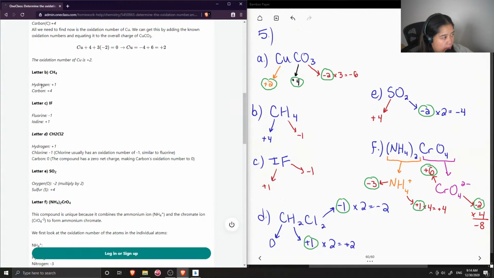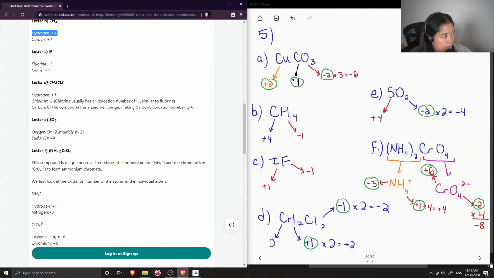CH4 was kind of confusing to me as well, since hydrogens usually have a +1, but I just said that if carbon had a +4 oxidation state, then the hydrogen should be -1 if the overall molecule is neutral. So I'll just take note of that at the end there.